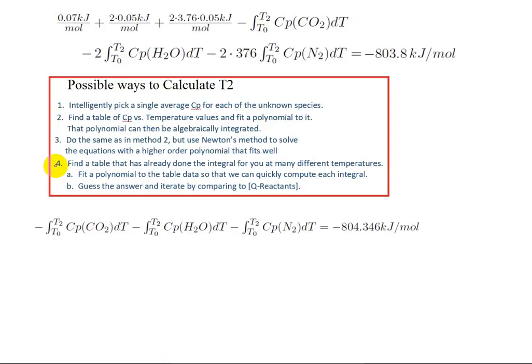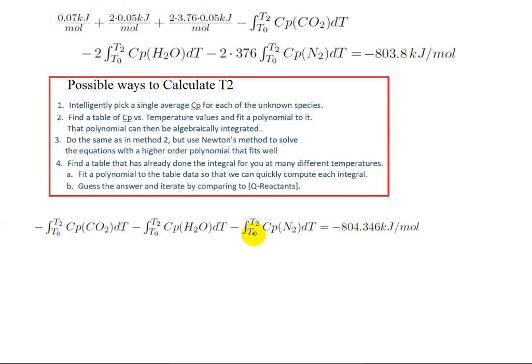Now, if you notice this equation that I've written down here, it's the same as this equation up here. I've just taken the three constants and moved them over to the right-hand side. When I do that, I came up with minus 804.346. We said those constants were nearly zero, and they are.